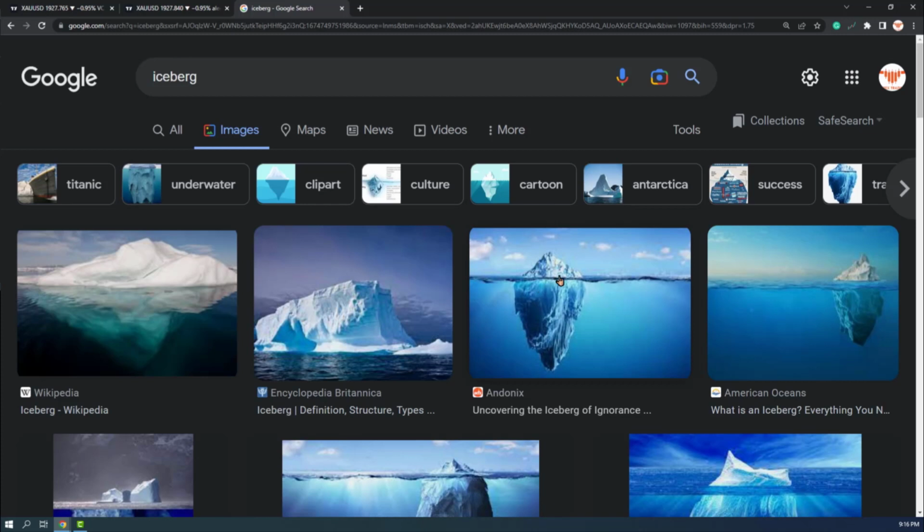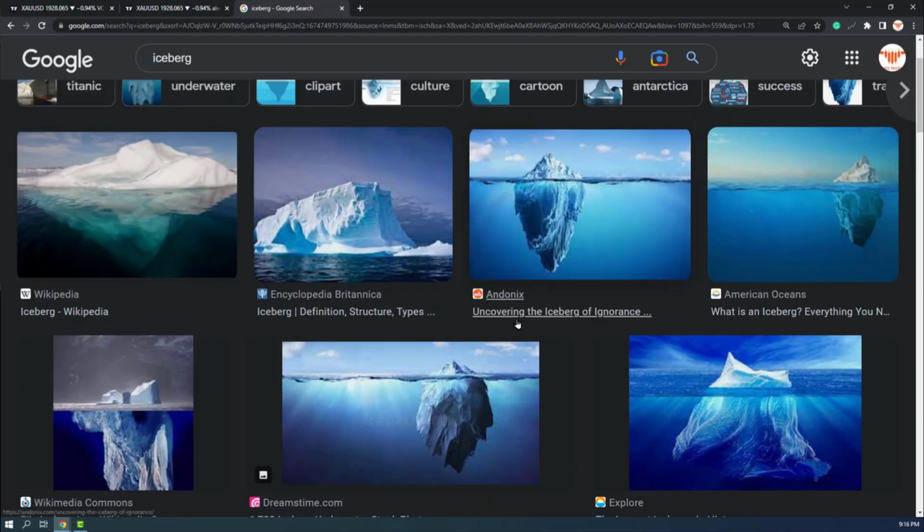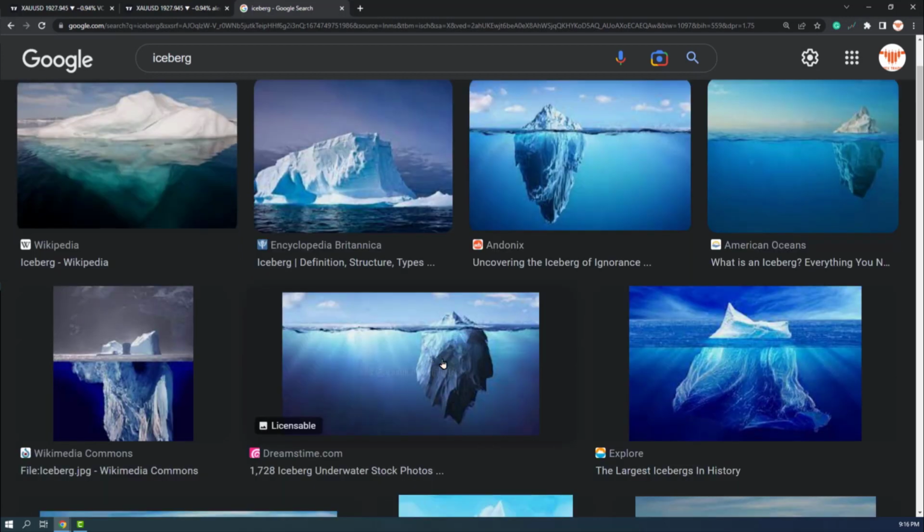We can see only a very little tip of the rock on the top side, but there is a lot more inside the sea. This is called an iceberg.